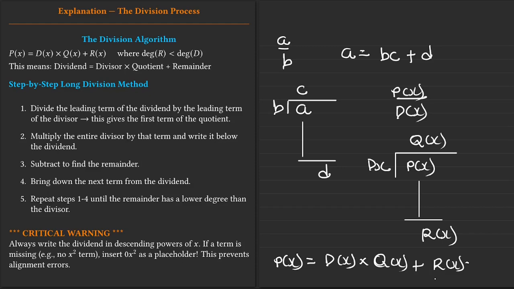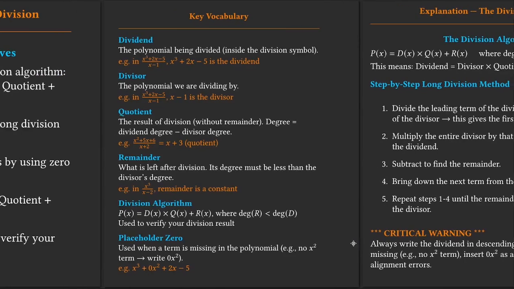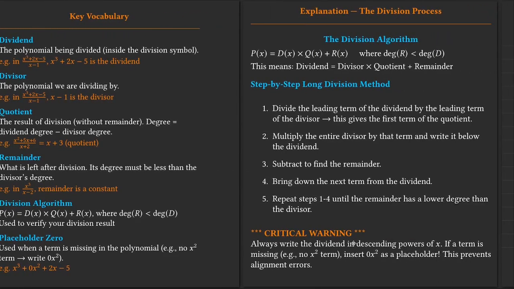Now, you can see there are steps that we need to follow when we want to use the division algorithm. I wouldn't just read it out for you. It might not make sense. So the critical warning here says always write the dividend in descending powers of x, and if a term is missing, what we simply mean there is what we illustrated over here.